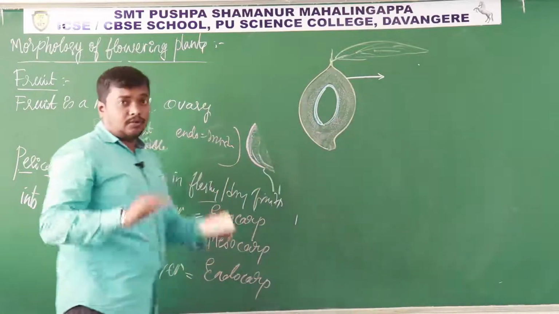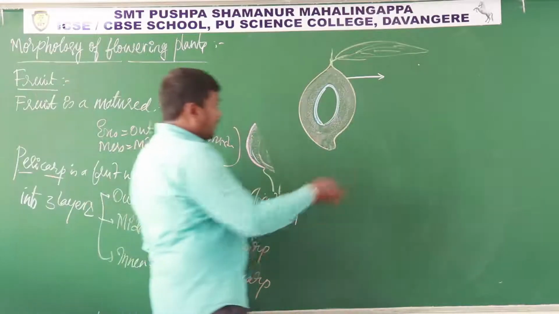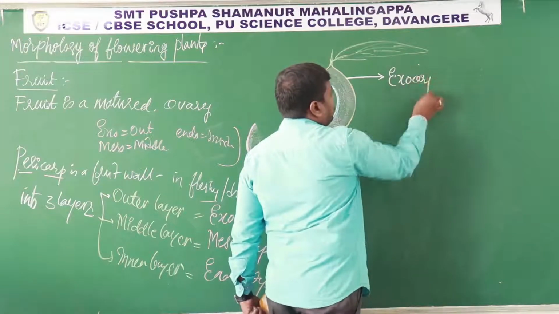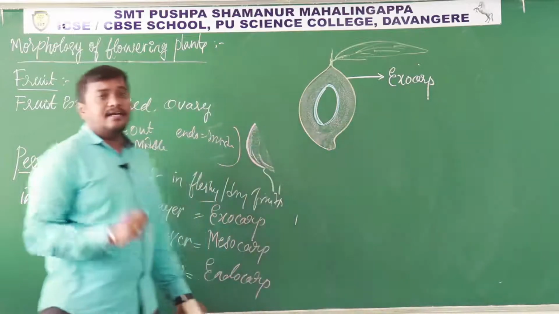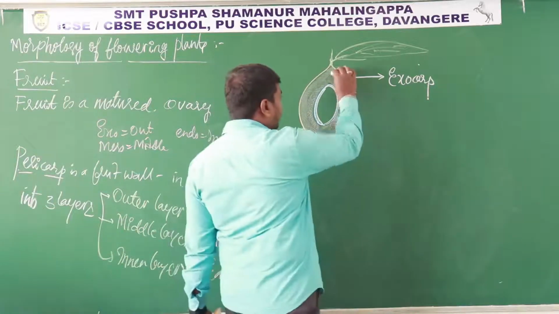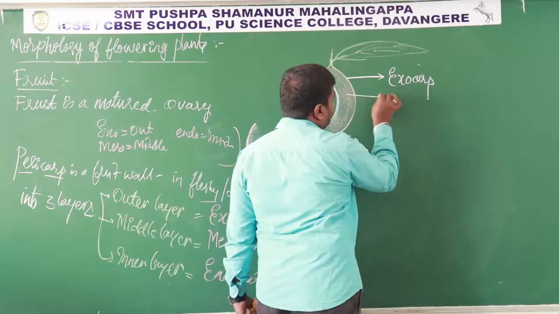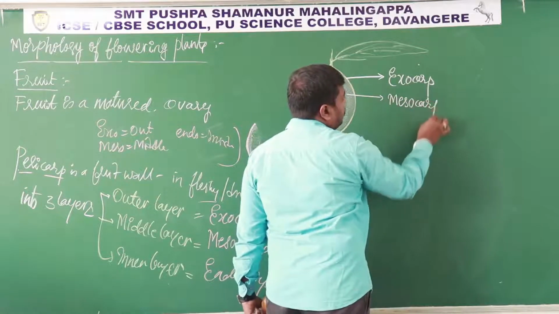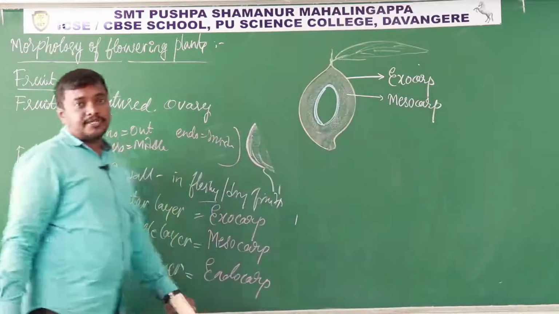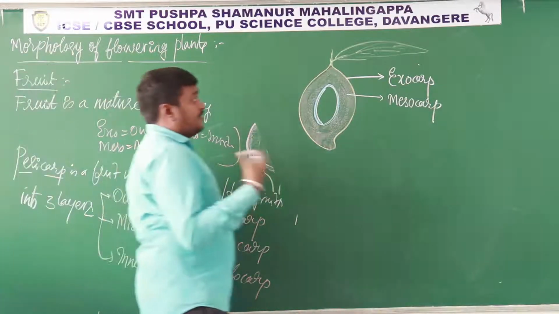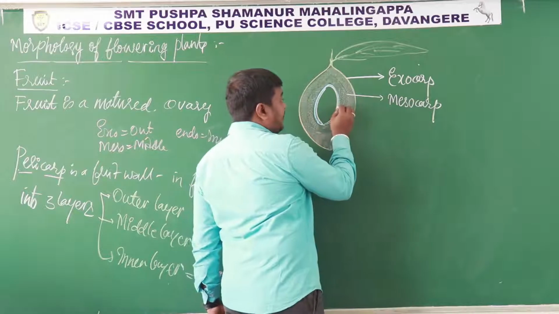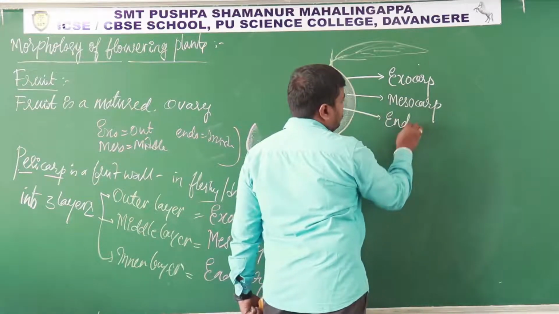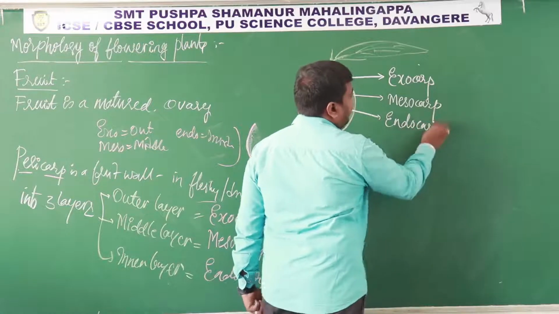The fruit's outermost, the outer skin we call sippe, that is actually exocarp. We call it exocarp. The middle portion is called mesocarp. Middle portion is mesocarp, and inside a very hard structure is present, that is called endocarp.